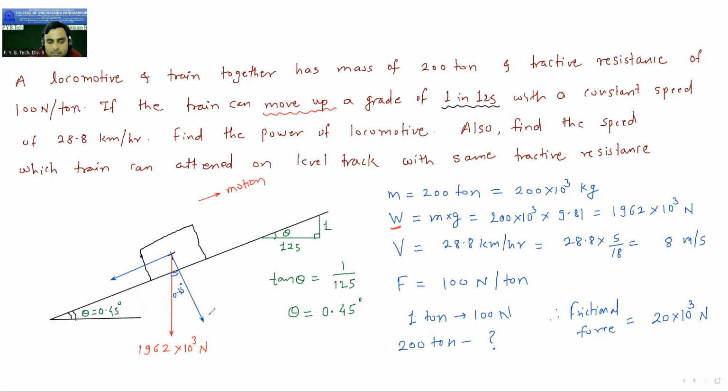So this will become cos or sine? Sine. Cos. Okay, 1962 into 10 raised to 3 cos of 0.45, and this is 1962 into 10 raised to 3 sine of 0.45.